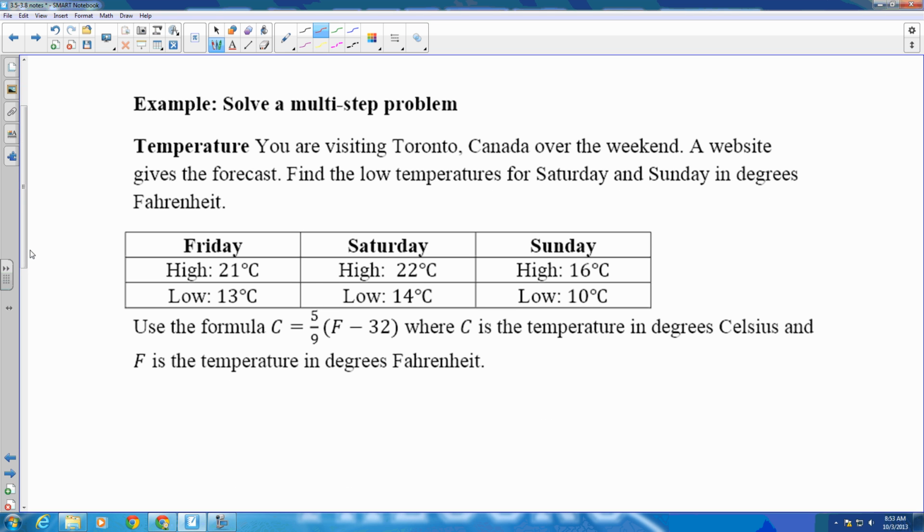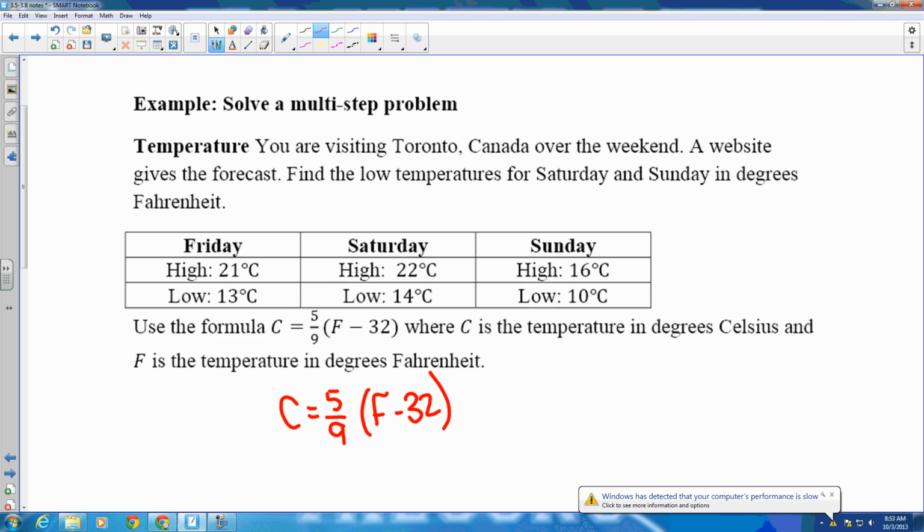You are visiting Toronto. The website gives you the forecast. Find the low temperatures for Saturday and Sunday in degrees Fahrenheit. Okay, so we have the formula for Celsius, and F is Fahrenheit. We need to solve that for F is what it's wanting us to do. So let's rewrite this down here so we can work with it.